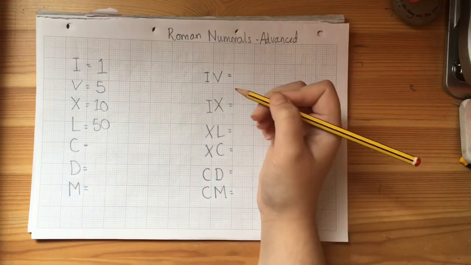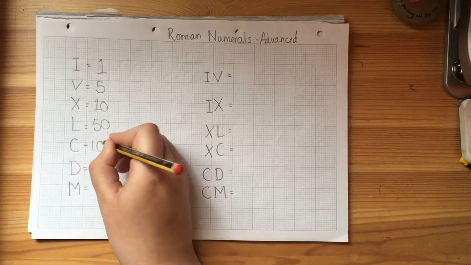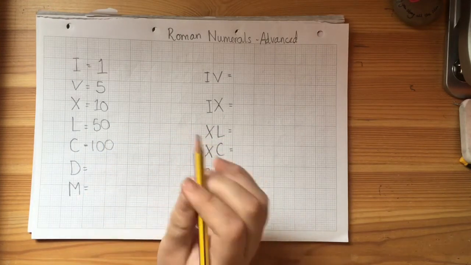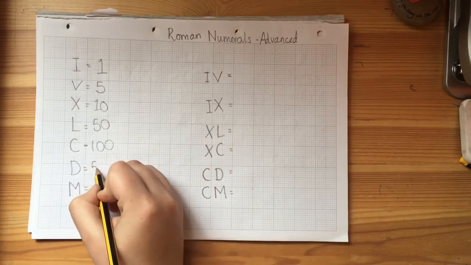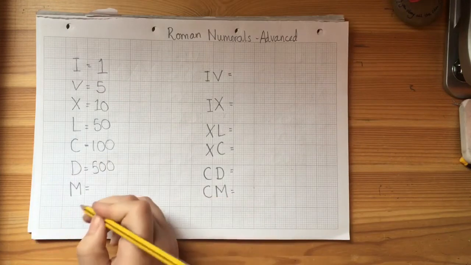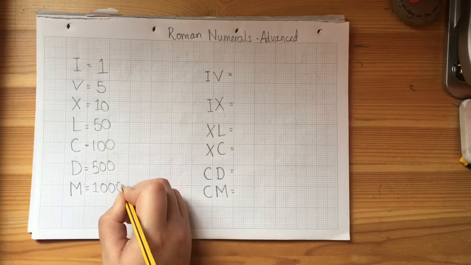What about C? So that one is 100. Anyone know D? If you said 500, fantastic. And finally, we have M, which we should all know is 1000.